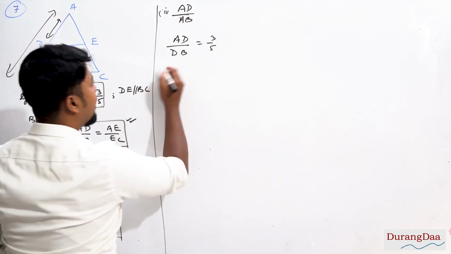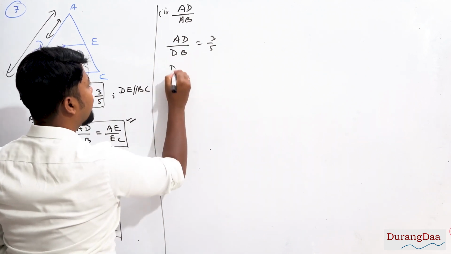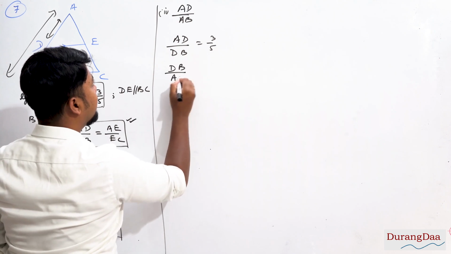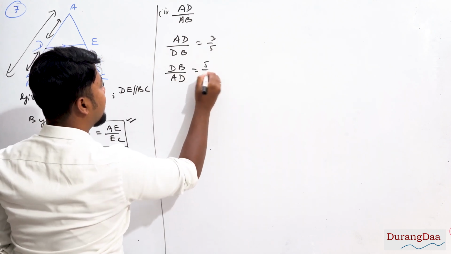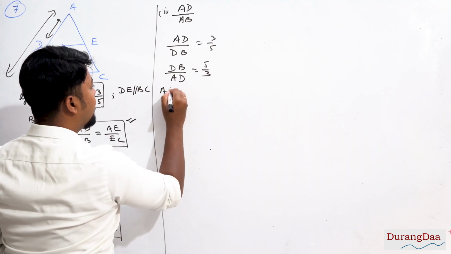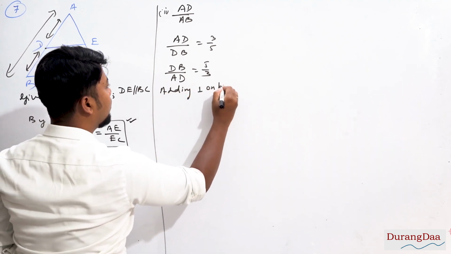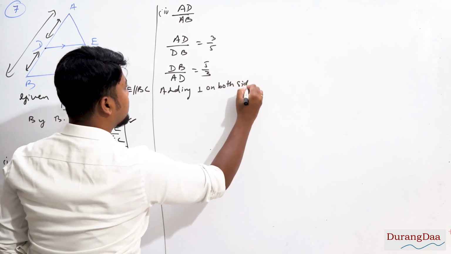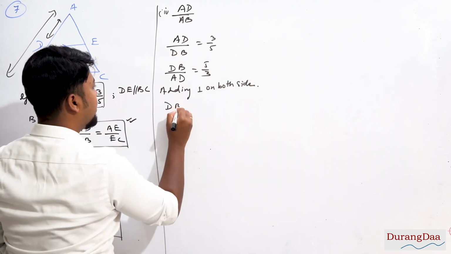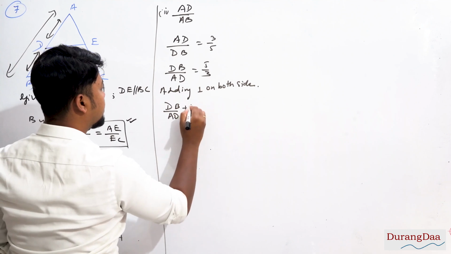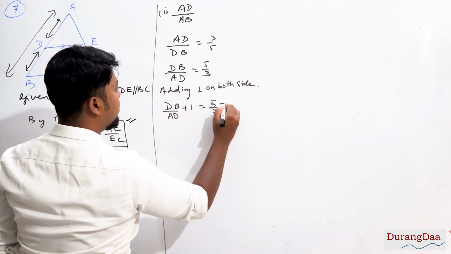So to do that, first you take the reciprocal. DB by AD equals 5/3. Now add 1 on both sides. Now what will we get? DB by AD plus 1 equals 5/3 plus 1.